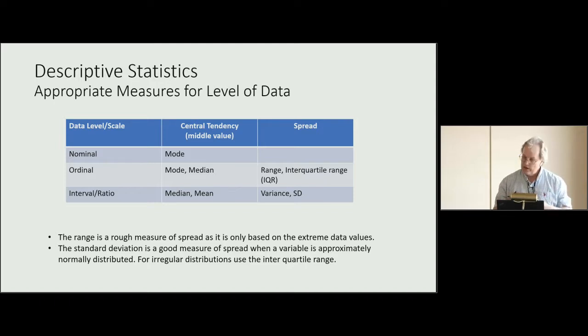For interval ratio data, this is continuous variables, we use the median and mean, and we use the standard deviation. So there's nothing really involved in this. But again, if you read an article and they're talking about the mean for ordinal level data, you have to question what that means.